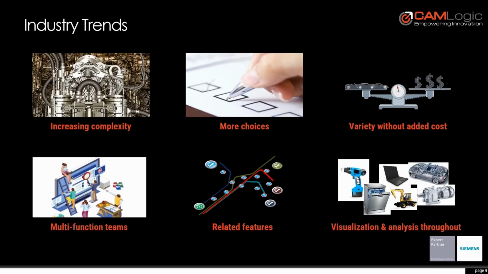Like we already said on the previous slide, the increased complexity, the number of choices have all been increasing, more variety without the added cost involved, and a mix of other things. A good example would be cars.